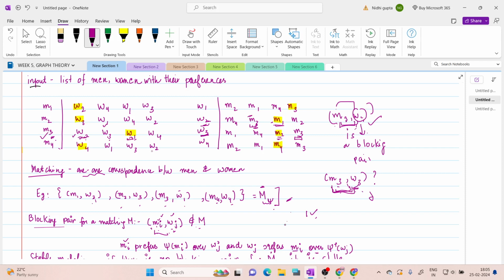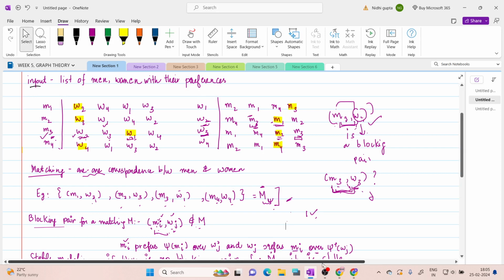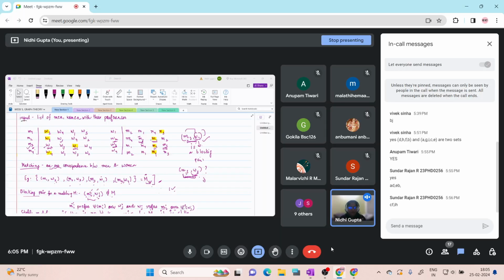So in a matching, a pair will be a blocking pair if both people are happy after the assignment. Did you understand the definition of blocking pair now? Any confusion?